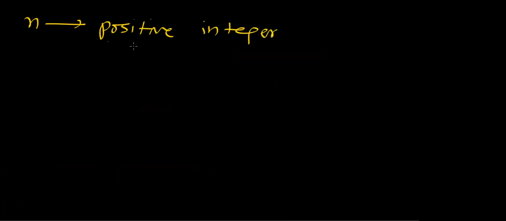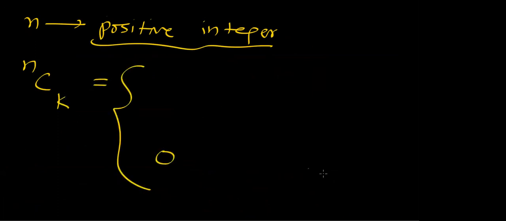Anyway, you can notice that when n is a positive integer, nCk is equal to 0 when k is greater than n.